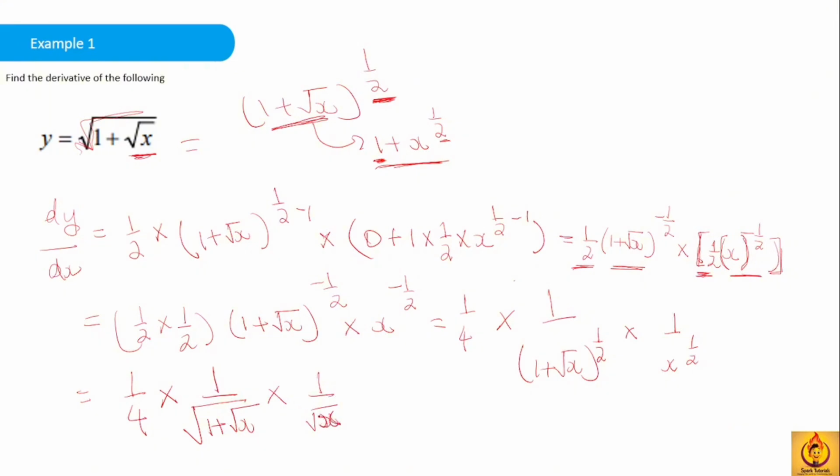Now, I want you to remember something from high school, when it comes to roots and surd forms. If, for example, you have root 5 multiplied by root 3, your answer will be root 15, which is a product of 5 and 3.